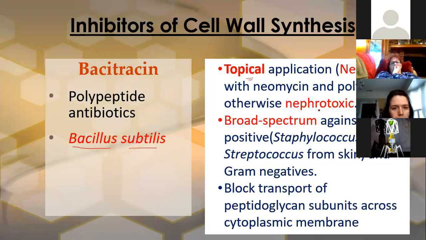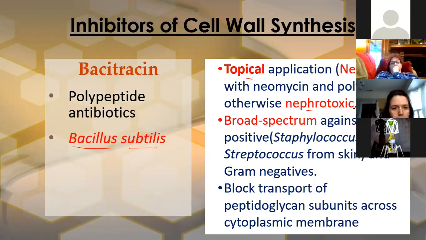So if we only use bacitracin, it has a bad effect on the nervous system. Nephrotoxic means it damages the nervous system, all the neurological organs and brain, basically the nervous system.